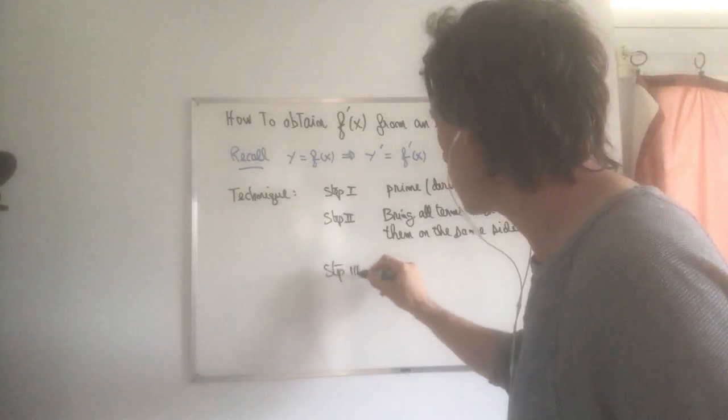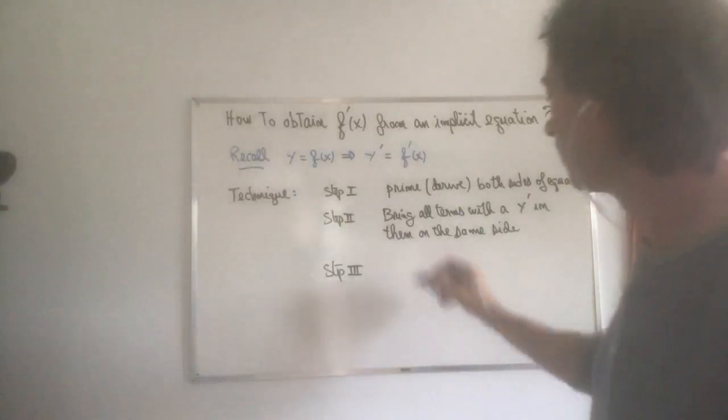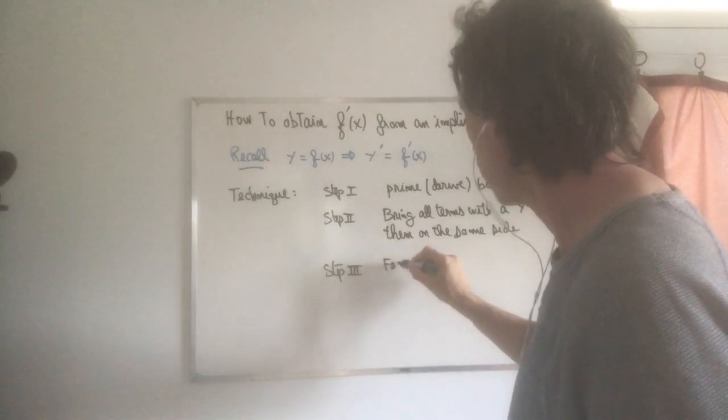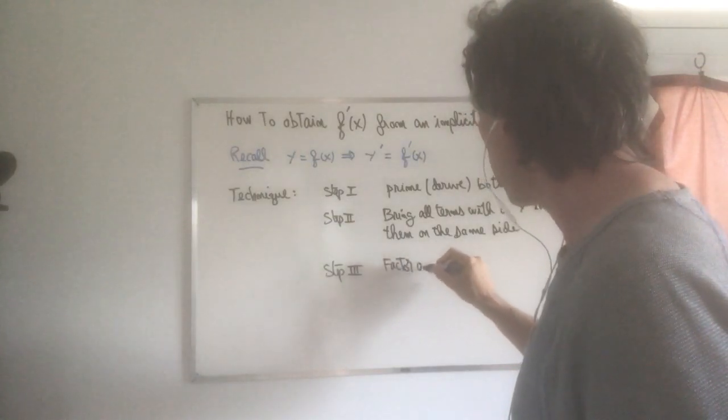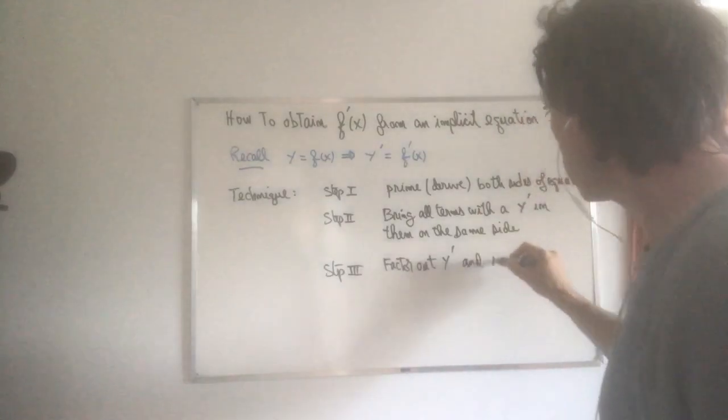Finally, step 3, once we brought all the y primes on the same side, isolate, or should I say factor out y prime and isolate it. So factor out y prime and isolate it.